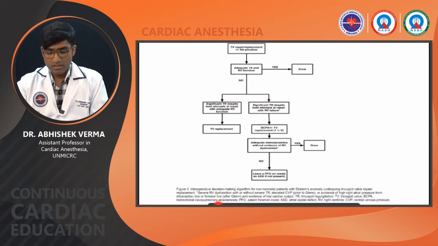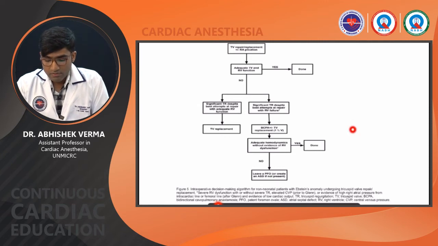So here via a flow chart we will see if we do a tricuspid valve repair or replacement or RV plication, and there is an adequate tricuspid valve and the RV function is present. If present, then it is okay. If not, and significant TR is present despite best attempt, we do tricuspid valve replacement. Here the RV function is adequate.